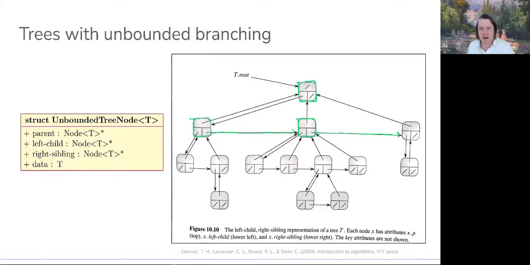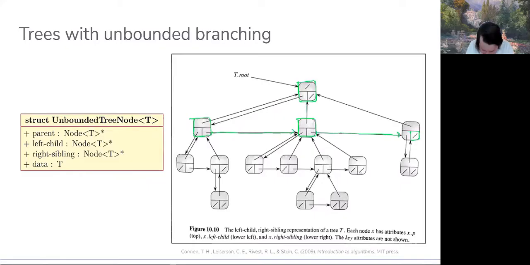How do we know when we're at the last child of root? Well, after traversing the right sibling pointer, we'll eventually arrive at one that points to the null pointer. This almost looks like a singly linked list, and each element in the right sibling direction is a child of the root.